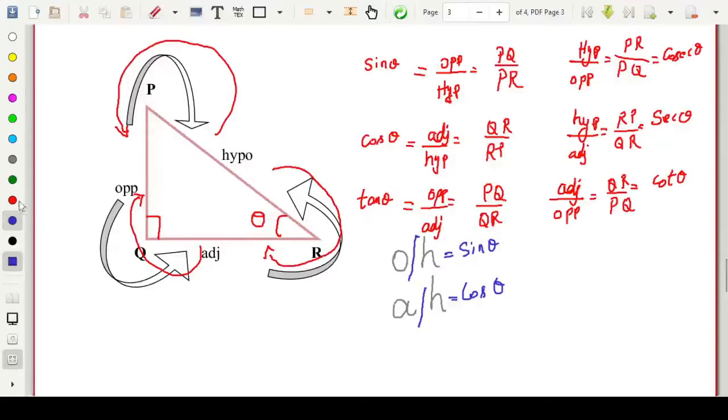Tan theta is very simple: tan theta means opposite by adjacent. So once you know these 3 ratios, you can easily write the others also, as each is just the reciprocal. This is the simplest way to remember all the 6 trigonometric ratios.